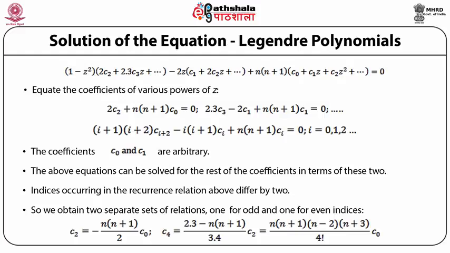This is also equal to −(n−2)(n+3)C2/(3·4), which may be simplified to obtain n(n+1)(n−2)(n+3)C0/4!.